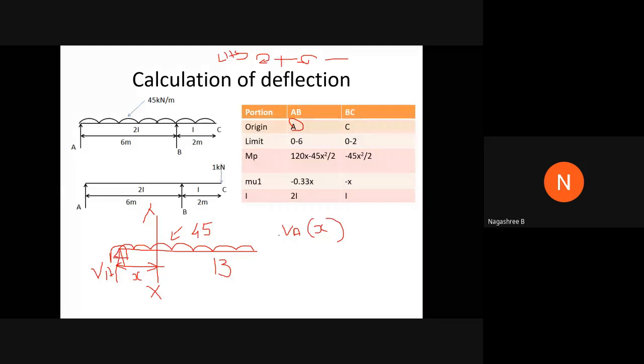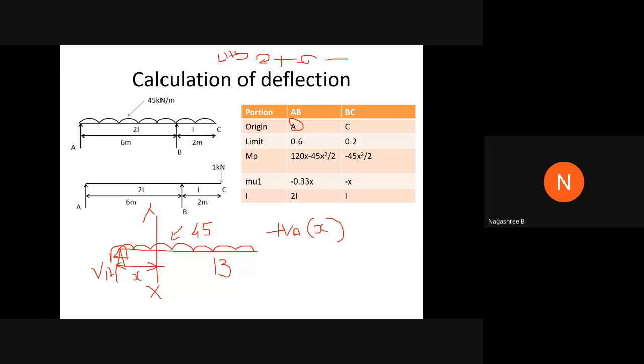I'm going from left to right, so VA into X is in the clockwise direction, so it is positive.